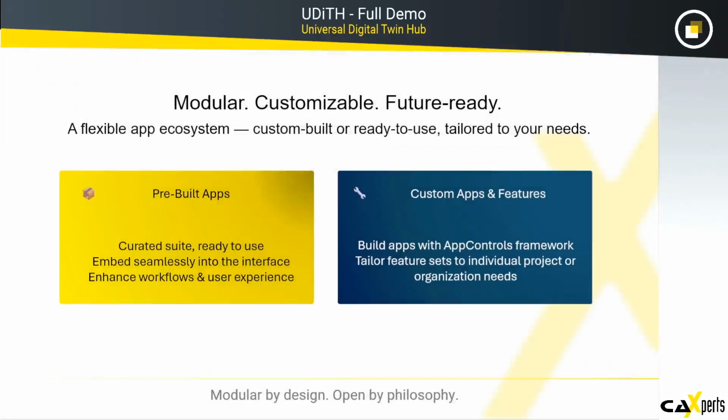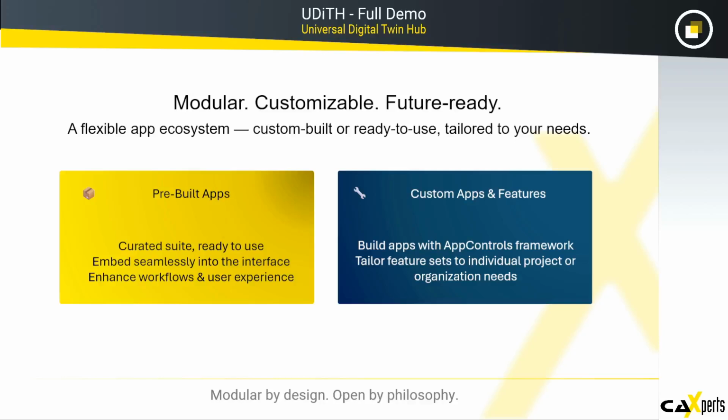So the UDiTH apps are actually what makes UDiTH modular by design and open by philosophy. This means it's a flexible app ecosystem that's either custom built or ready to use, delivered out of the box, but either way, tailored to your needs. And it's built completely modular, customizable, and thus future ready.